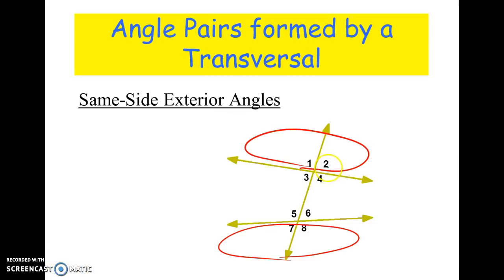So let's see. 2 and 8 are on the same side of the transversal and in the exterior region. And then also angle 1 and angle 7. So angle 1 and angle 7 are same side exterior angles, and angle 2 and angle 8 are same side exterior angles.